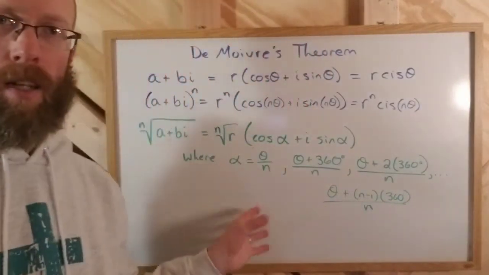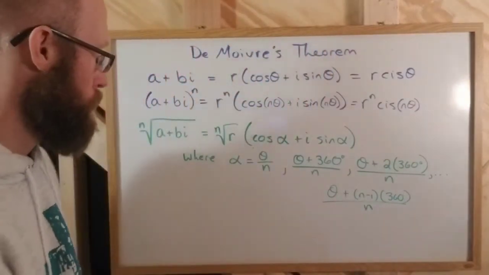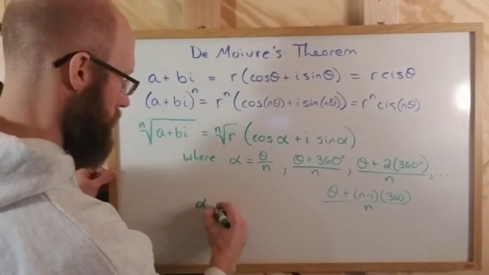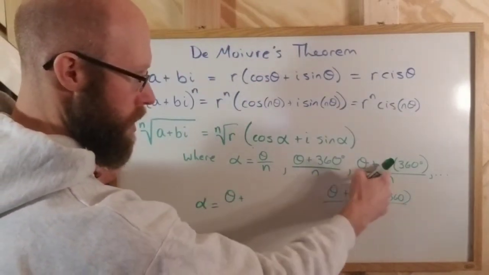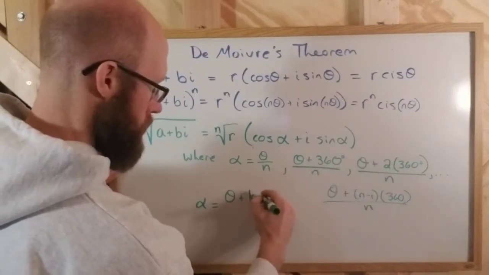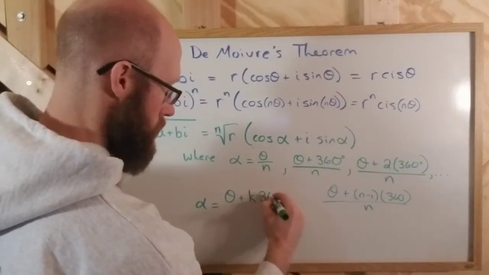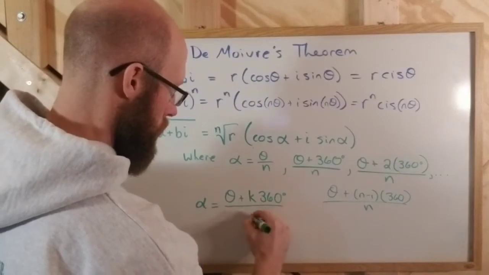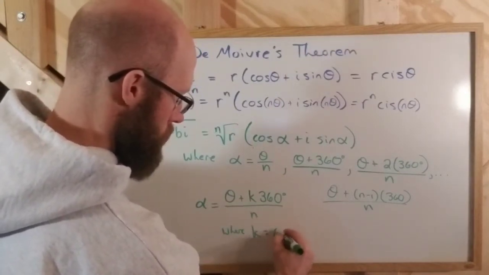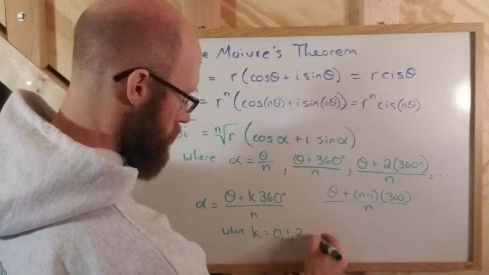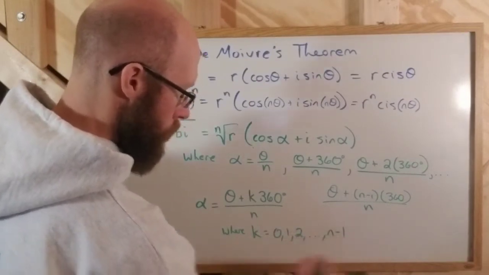Now this is kind of clunky to look at. So your book actually defines alpha as theta plus a constant times 360 over n, where that constant is 0, 1, 2, up to n minus 1.